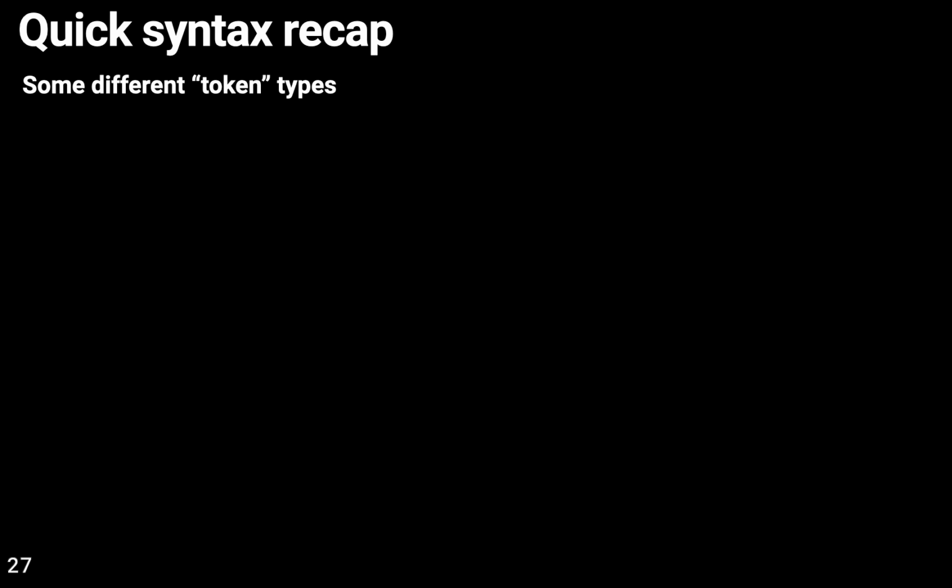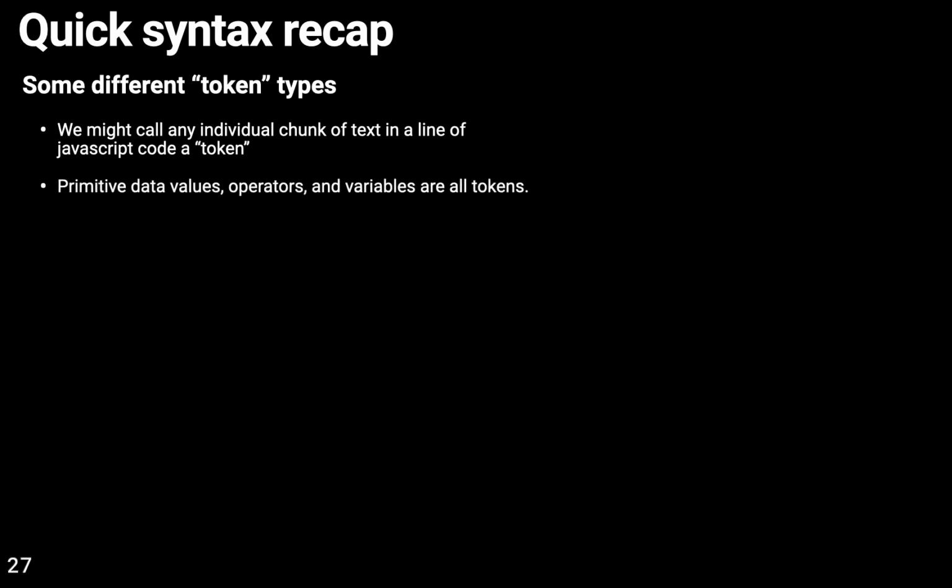Okay, so let's do a quick syntax recap and discuss a little bit about the idea of tokens. So you might call, and in fact many do, any individual chunk of text in a line of code a token, right? So primitive data values, operators, and variables, these are all tokens. Numbers are just the numbers on their own.